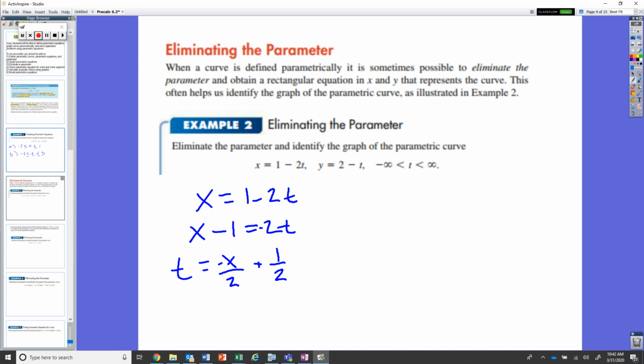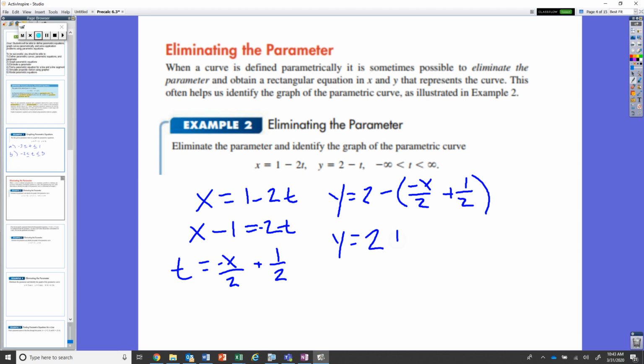And so now we can eliminate the parameter by substituting that new t equation into y, because now it's going to be y in terms of x. And so now we can see that y equals 2 minus our new equation. Let's distribute that negative to clean things up a little bit.